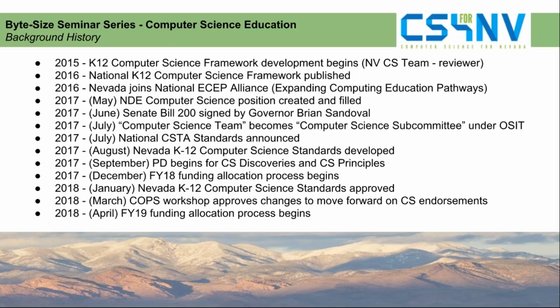So we were reviewers of this framework. In 2016, the National K-12 Computer Science Framework was published, and that outlines the main concepts that should be taught and how to implement it, all the way from pre-K to 12th grade, with a lot of other resources for districts as well. That's online, and I'll give you that link in a little bit.